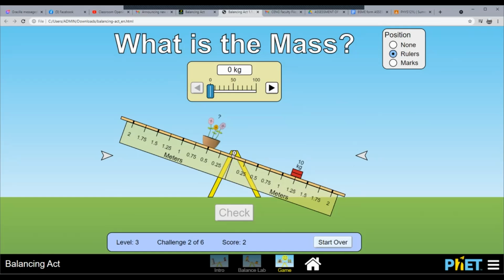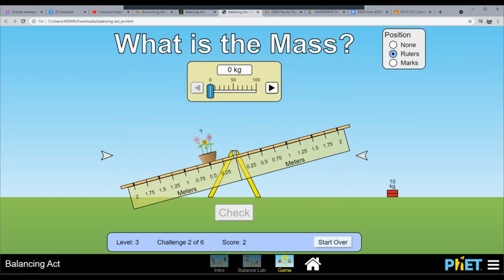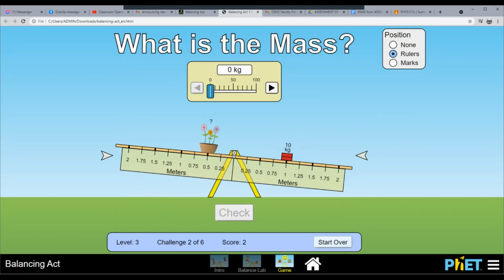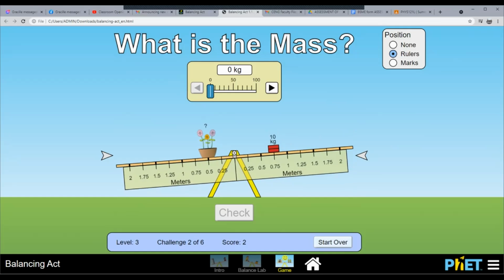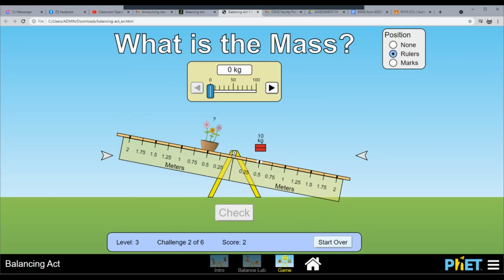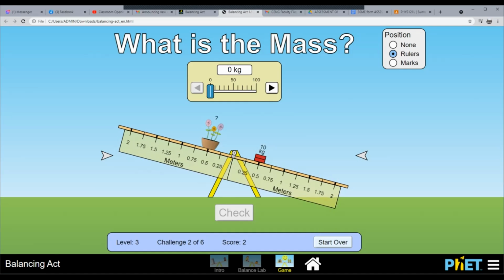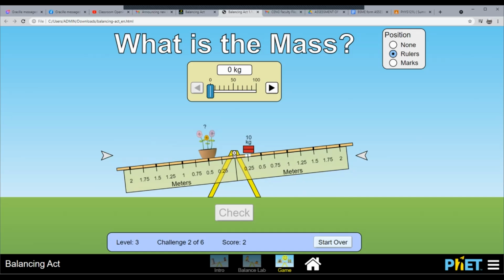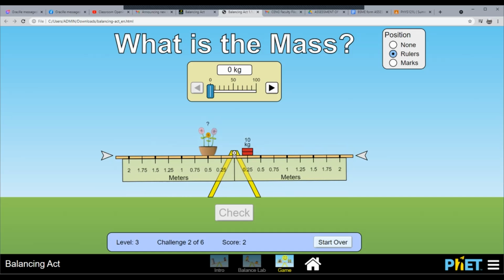Then at 1.25, at 1, hindi pa rin siya makabalanse. Sa 0.75, ayaw pa rin. 0.5, malapit na. Sa 0.25. 5 kilograms.